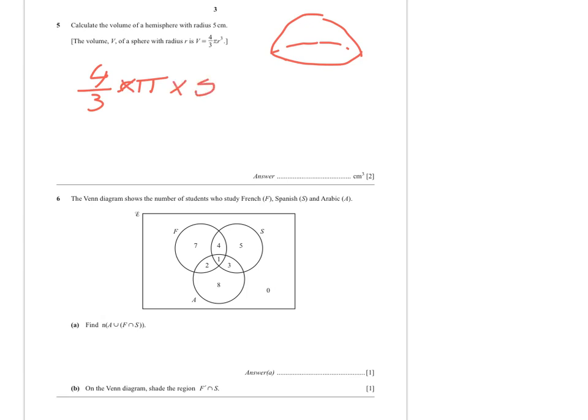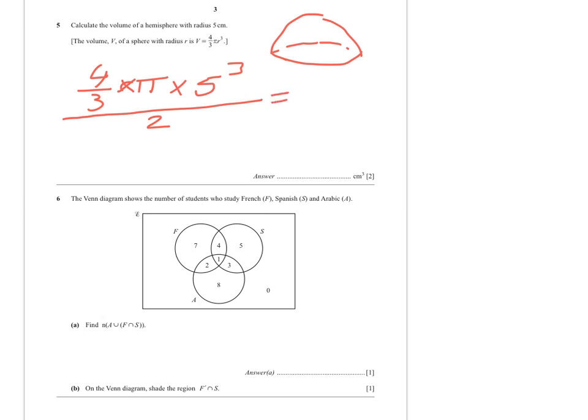So they give me the radius. Be careful, sometimes they give the diameter, so you've got to divide that by 2. Now they give me the radius, 5 to the power of 3. That will be for a sphere, so I'm going to divide that by 2, or times it by a half, which is the same for half a sphere, a hemisphere.